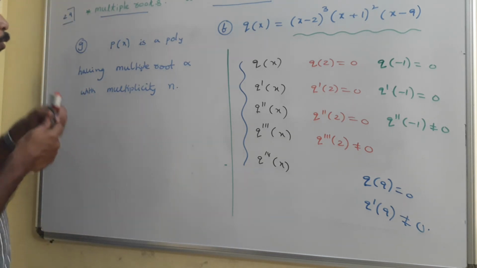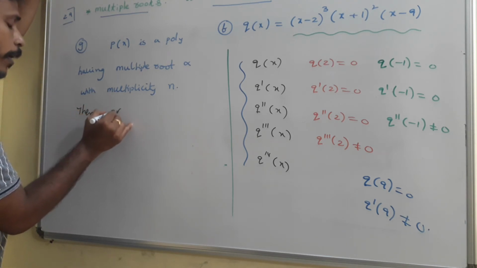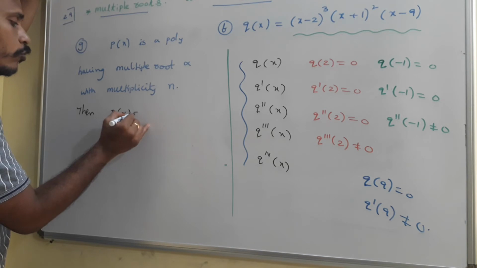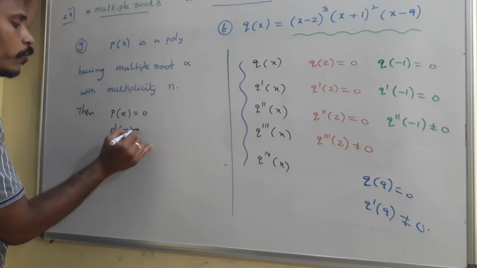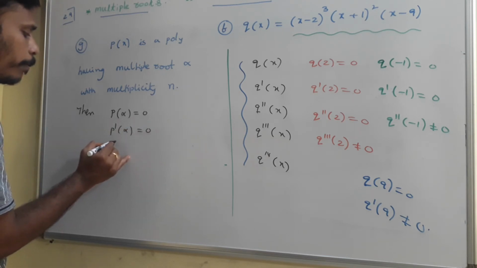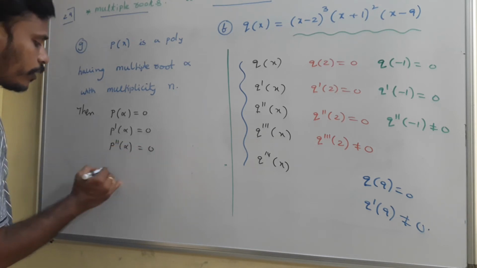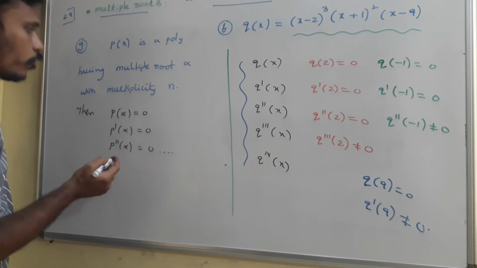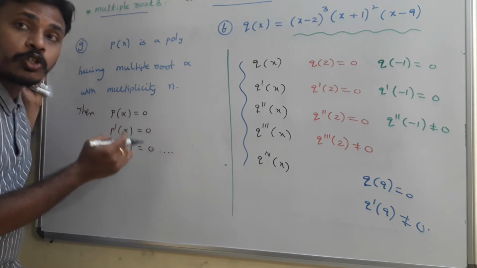Then what do you say about its derivatives? Then for sure P of alpha is equal to 0, P dash of alpha is equal to 0, the first derivative is 0, and P double dash of alpha is equal to 0, the second derivative is 0. Like that if you continue, since it is a multiplicity of n, n values will become 0.